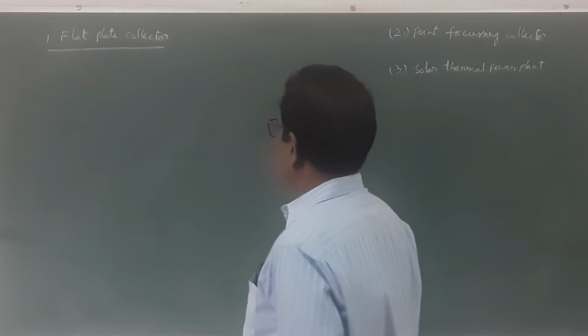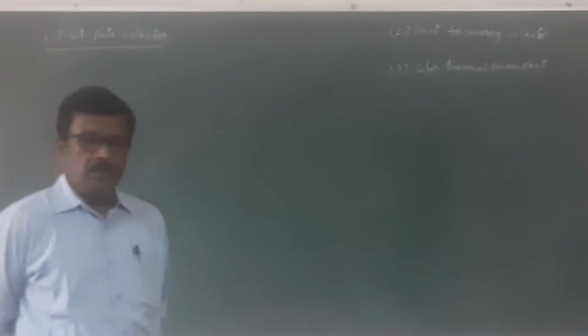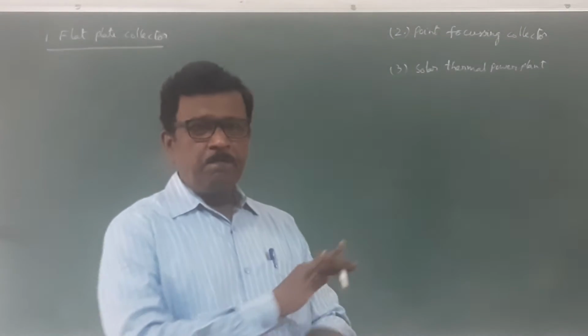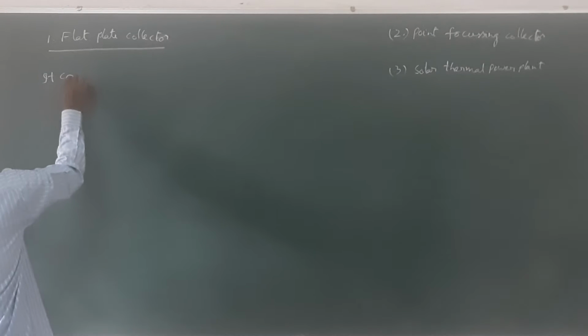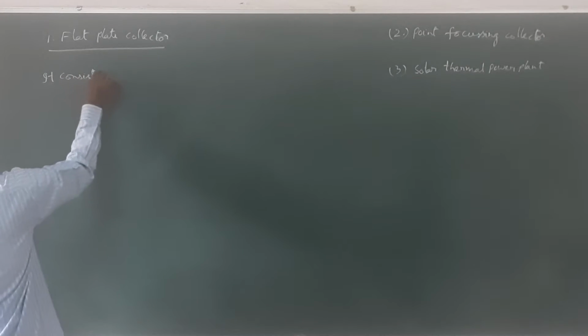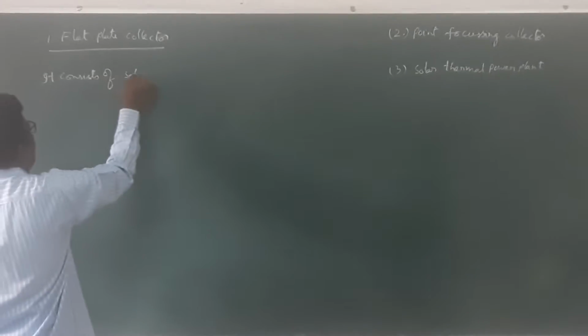In the case of a flat plate collector, the bottom plate will be the solar energy absorber.